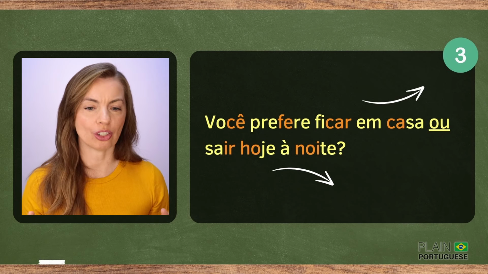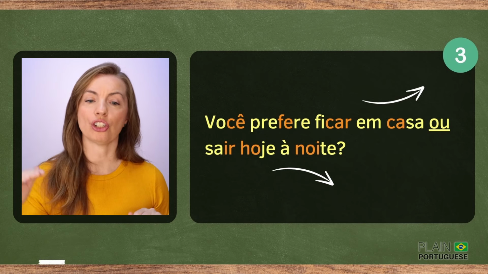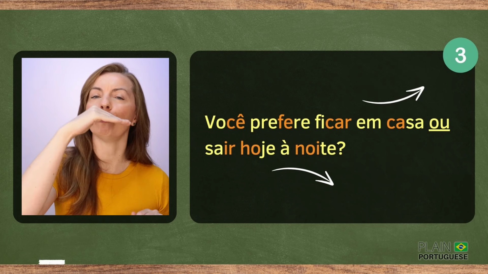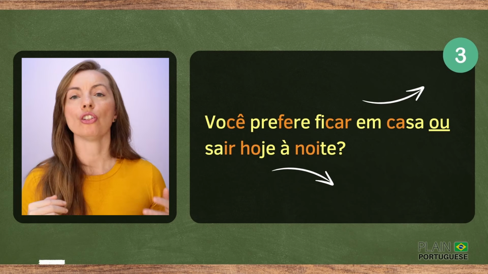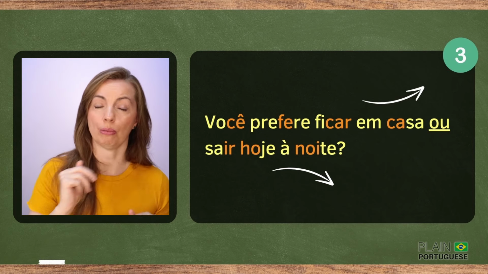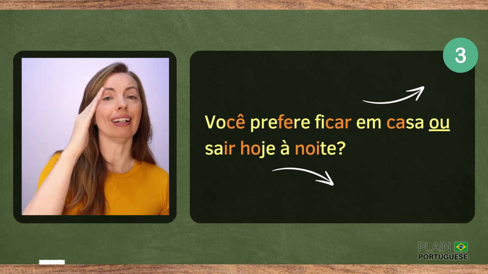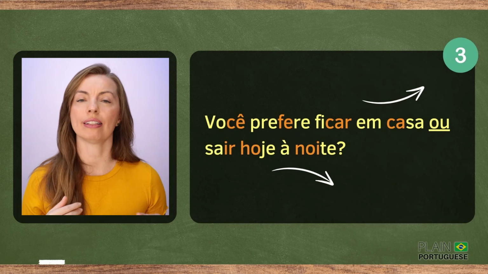Unlike yes or no questions, in questions with or, the pitch rises before or and falls at the end. Yeah, so examples. Do you prefer to stay home or go out tonight? Em português, você prefere ficar em casa ou sair hoje à noite? Mais uma vez.